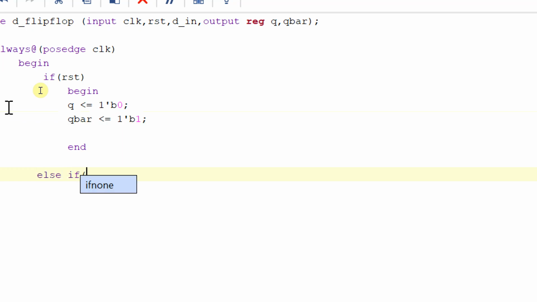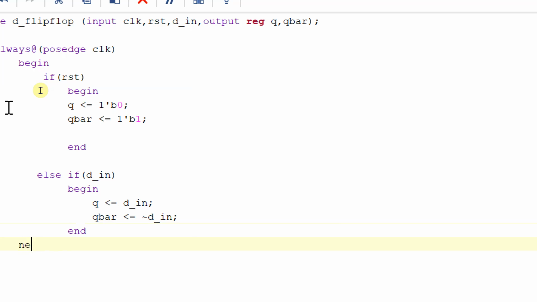Else if d underscore in is equal to 1, begin. My q is equal to d underscore in, and q bar is equal to not of d underscore in. Okay, and I'm ending this always block, and I'm ending the module.